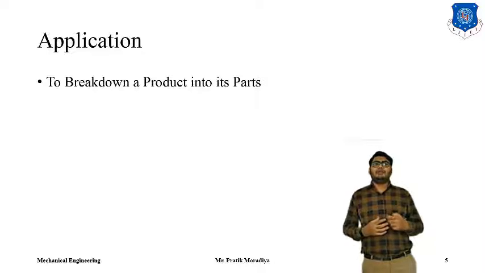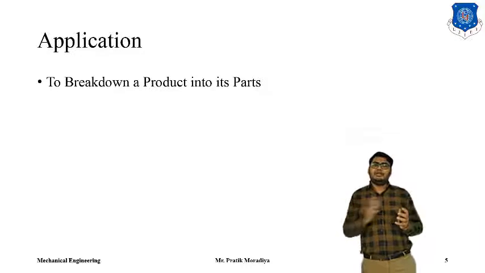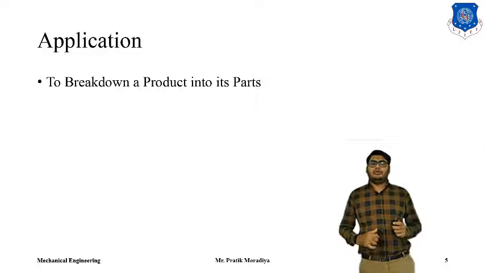We can use it to break down a product into its different parts. If you are doing reverse engineering, then you can take an assembly and build a Gozinto chart in reverse order to examine how many components are needed and how they are assembled.